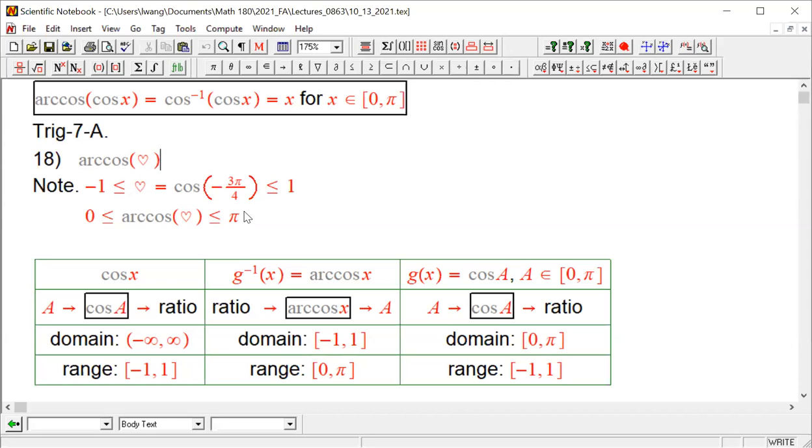It's -3 pi over 4. You need to acquire this vision, because when we are doing 7A, we're preparing you to do trig 8. In trig 8, there are no numbers, just variables. So you need to acquire that vision I just explained to you. Do you understand?